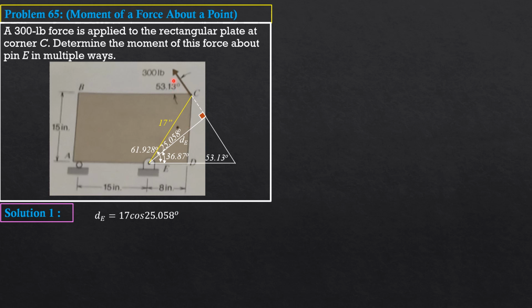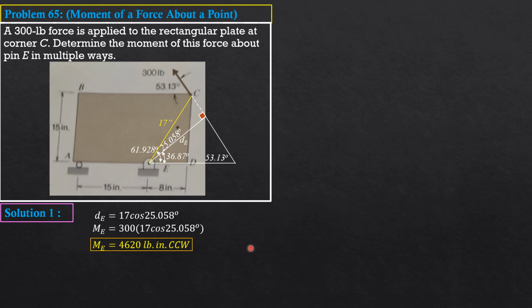So the moment of the 300-pound force about E is 300 times D sub E. So 300 times 17 cosine of 25.058 degrees. It is counterclockwise. And the magnitude is equal to 4620 pound-inch counterclockwise.